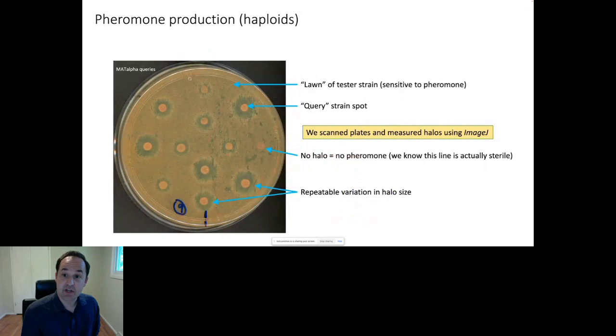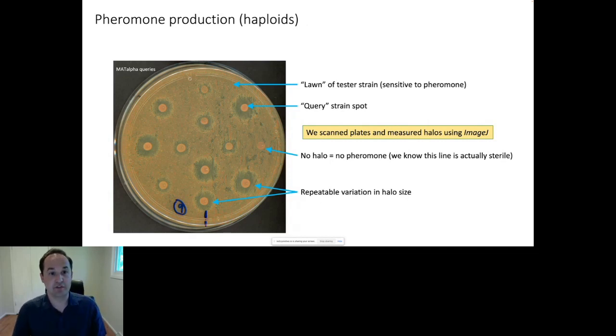On the haploid side, haploids don't sporulate, but they do mate. So the 2 mating types, A and alpha, will mate with one another by attracting one another with corresponding pheromones. And we can actually test the quantity of pheromone they make using this kind of halo assay, it's called.